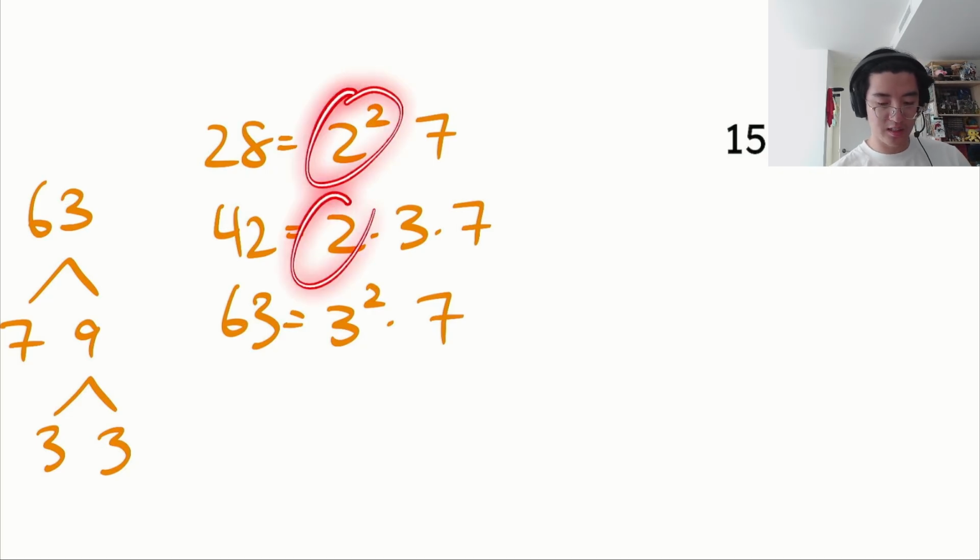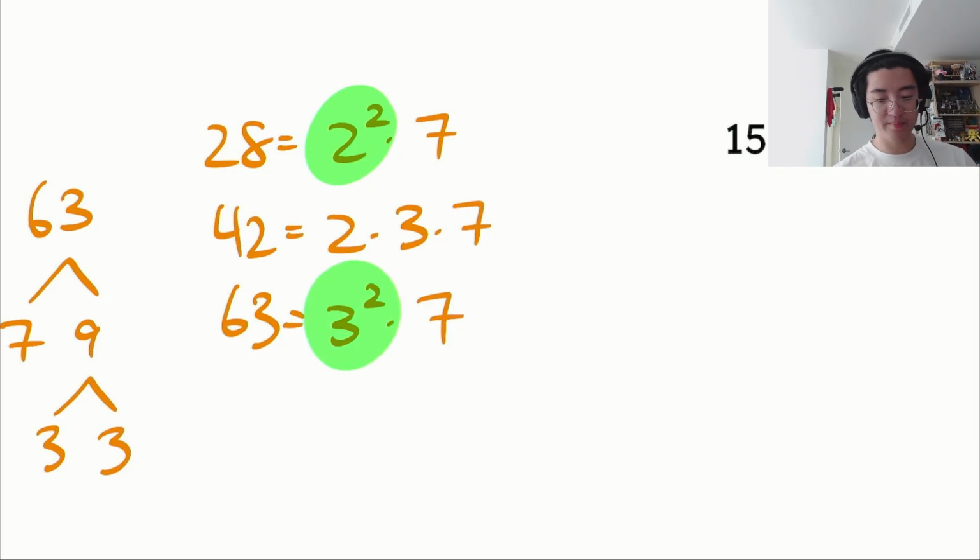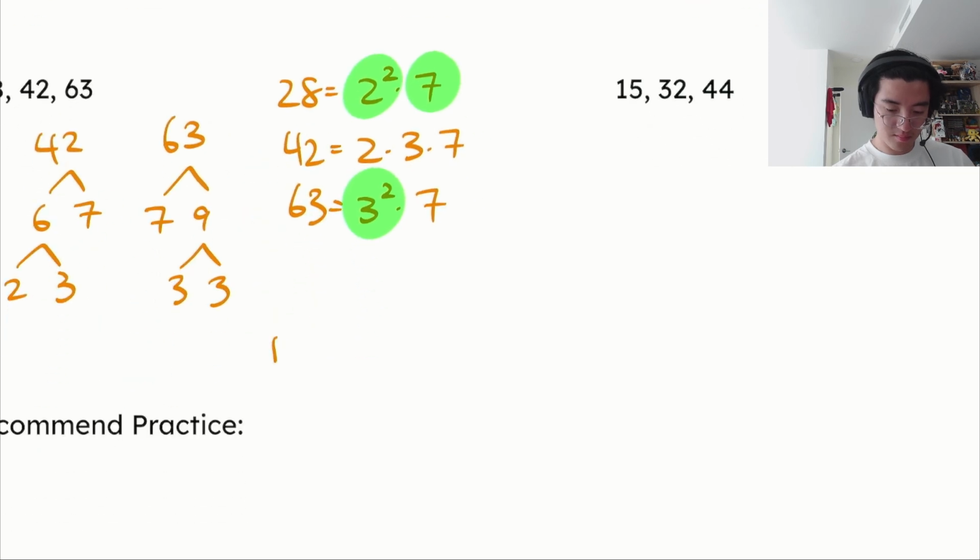We have a 2 squared and a 2, so we take that 2 squared. 3 squared and a 3, so 3 squared. And we just have 7s across the board, so just take one of the 7s. Alright, that multiplies to 252.